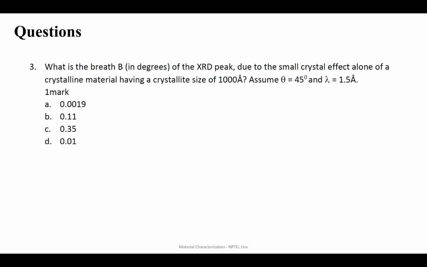What is the breadth B in degrees of the XRD peak due to the small crystal effect alone of a crystalline material having a crystallite size of 1000 angstrom? Assume theta equals 45 degrees and lambda equals 1.5 angstrom.